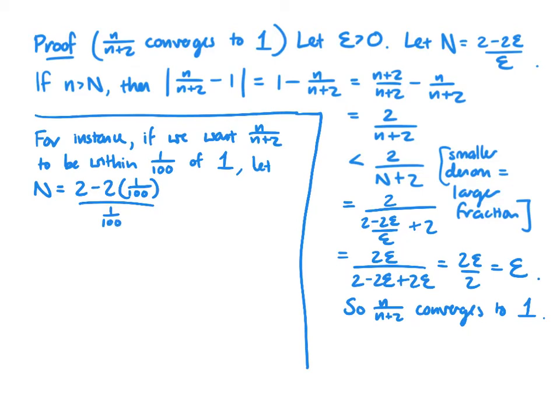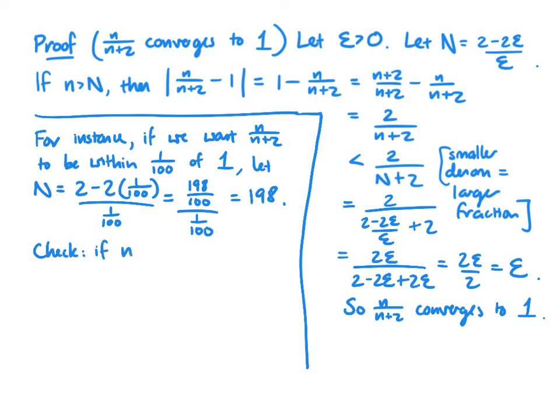Okay, that was our formula for capital N. So this is going to be what here? 200 over 100 minus 2 over 100 is 198 over 100, divided by 1 over 100. That's 198.